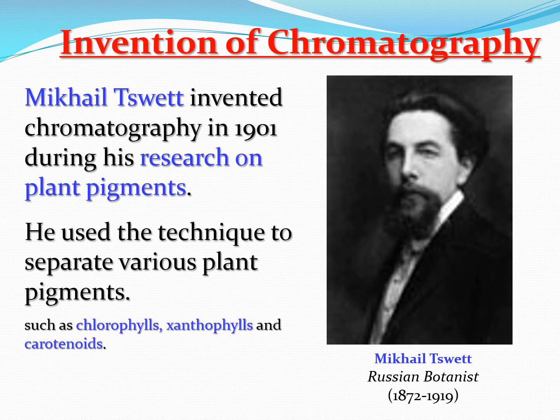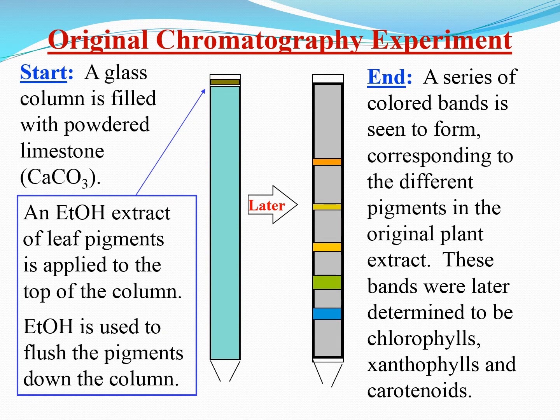A bit of historical background. In 1901, a Russian scientist invented this principle by performing research on the plant pigment, and he was able to separate the different plant pigments using such technique. How did he do that? He put limestone in a column, then he put the pigment on top of this limestone.